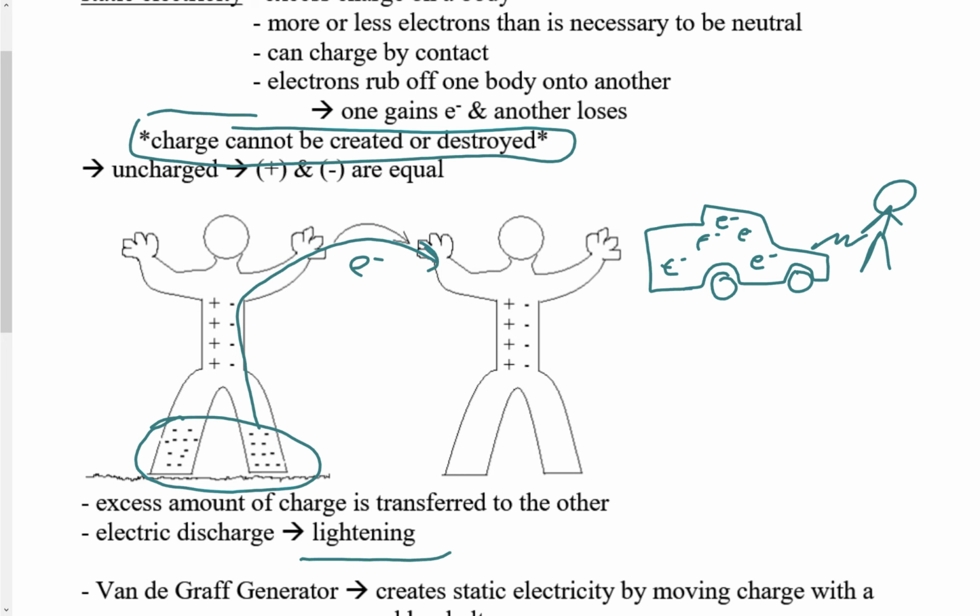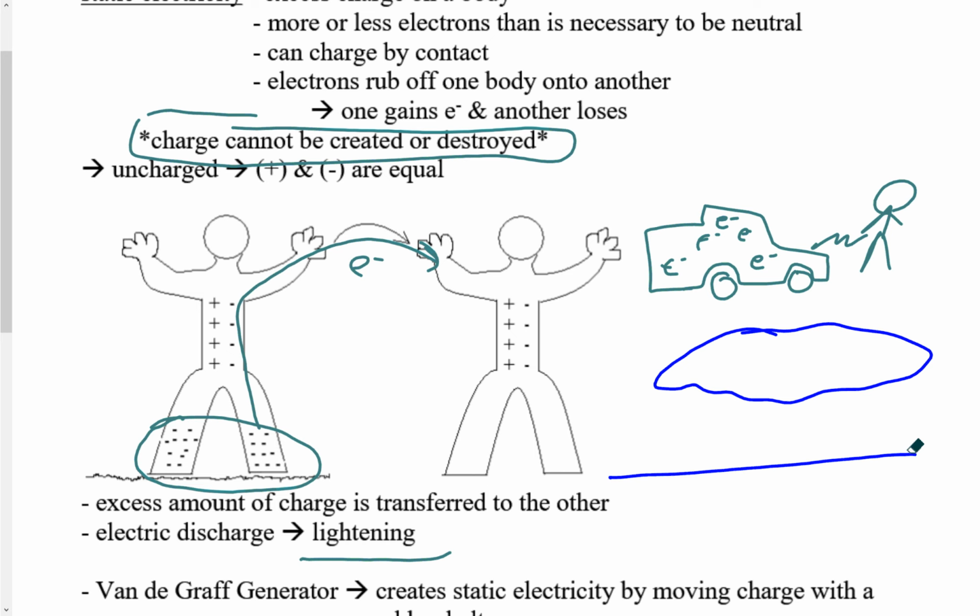Now, in terms of lightning, you've got to remember, where is lightning formed? It's formed in clouds up in the sky. So you've got the same thing. Just like your car can pick up charge, the cloud itself picks up charge. And sometimes there'll be areas inside the cloud where you have an imbalance of charge.